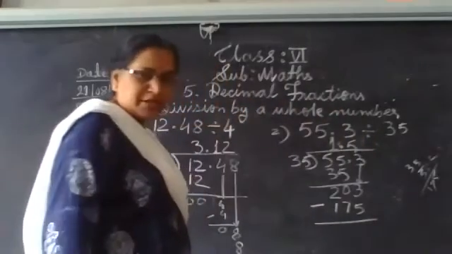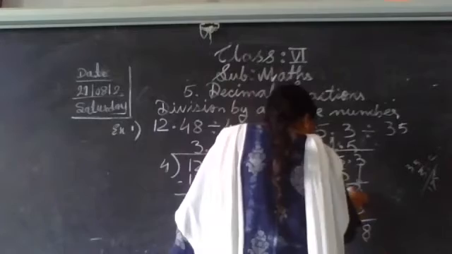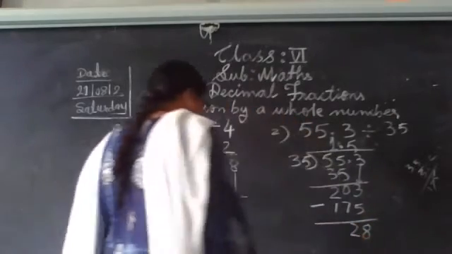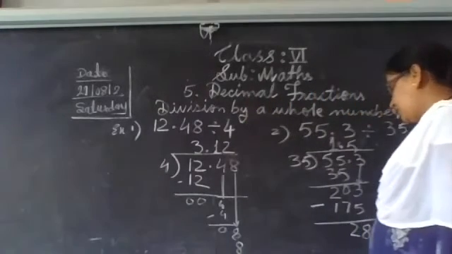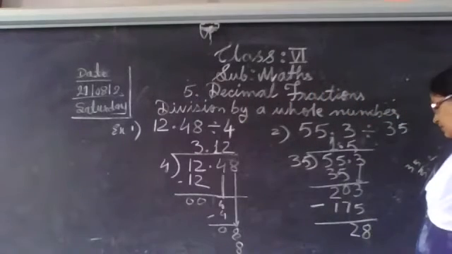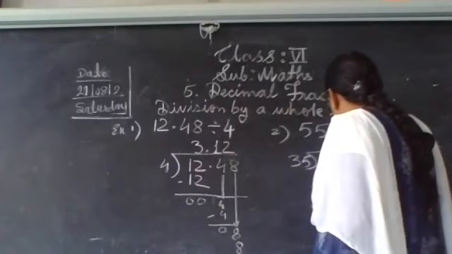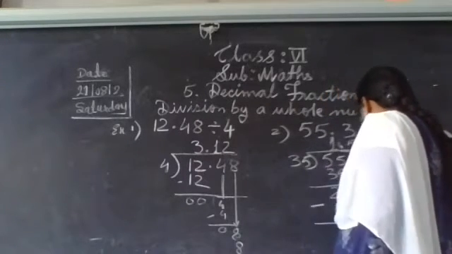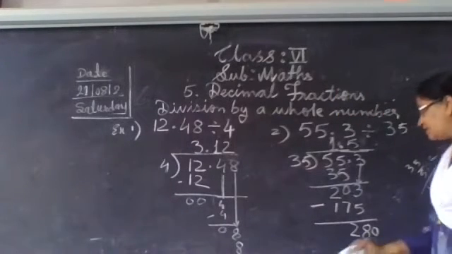Subtract: 13 minus 5, 8. 9 minus 7, 2. Okay. Now it is 28. So already we have put the decimal point here, so we will take 0. Okay. Now it is 28.